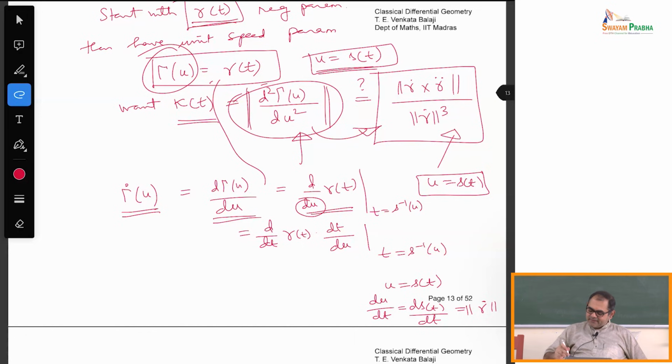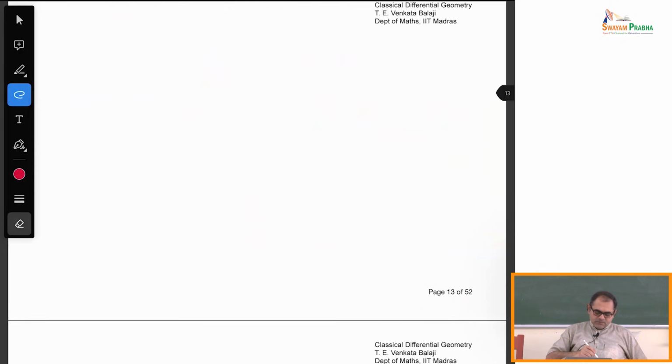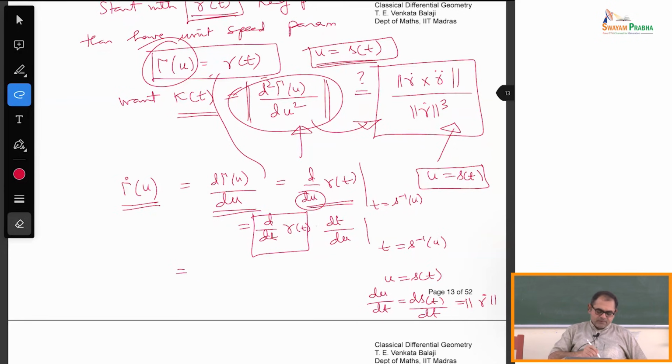Therefore, this quantity is d by dt of gamma t, which I can write as gamma dot t, times this dt by du. Mind you, dt by du is also 1 by du by dt.